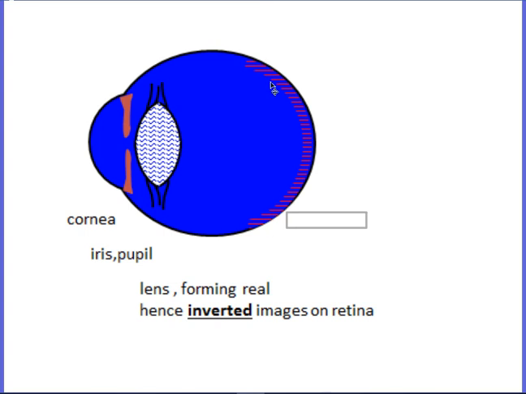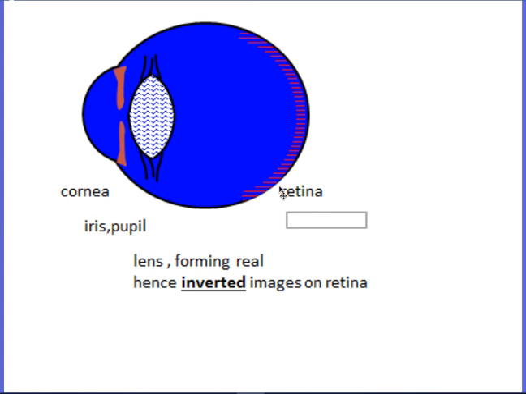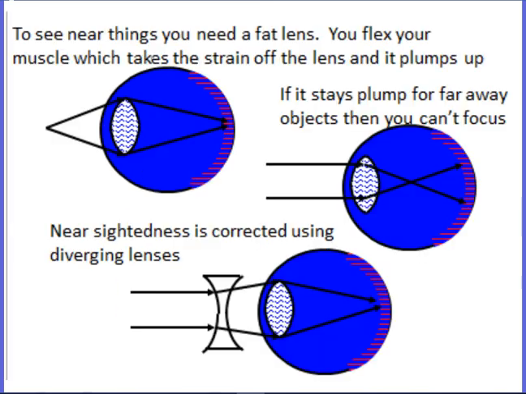Here at the back of the eye is this retina that you are trying to bring the light into focus on, and the fact that you are trying to form real images there means that they must be inverted images. We will tease around with the fact that everything you see with your eye is in fact upside down to what you are seeing. Or not.